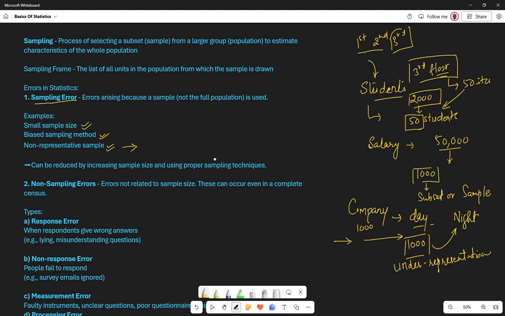There are two things that may happen in population representation: either the mean of the sample is not the same as the mean of the population, or the percentage or ratio in the population is not the same as the sample's percentage.